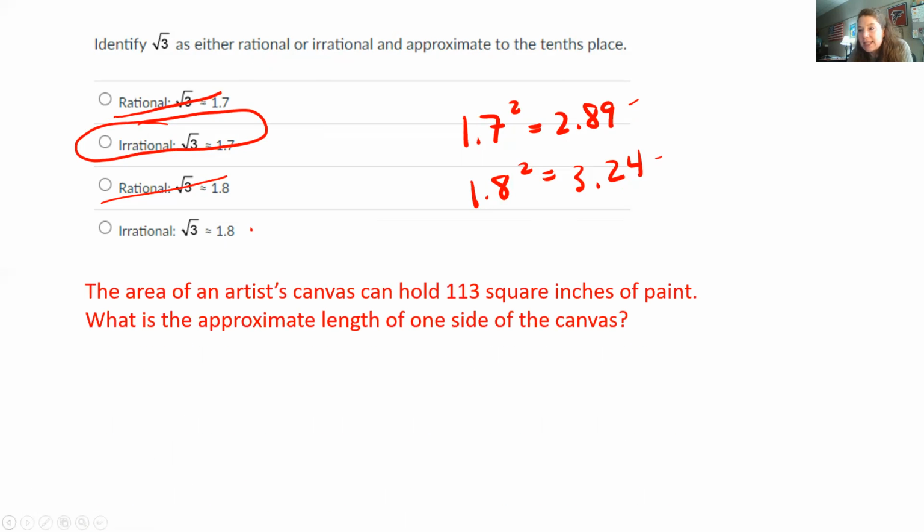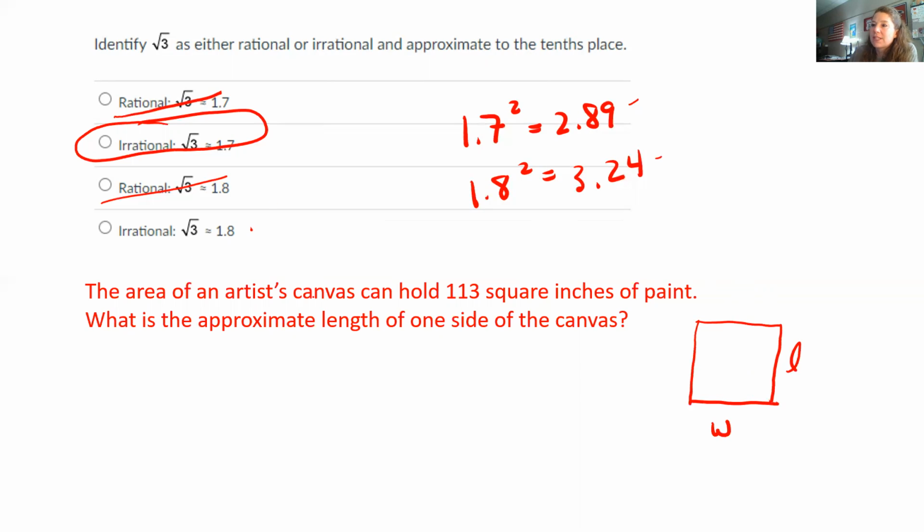And then this one is a good question. The area of an artist's square canvas can hold 133 square inches of paint. All right, so we have an artist canvas, and we know the area is length times width, right?